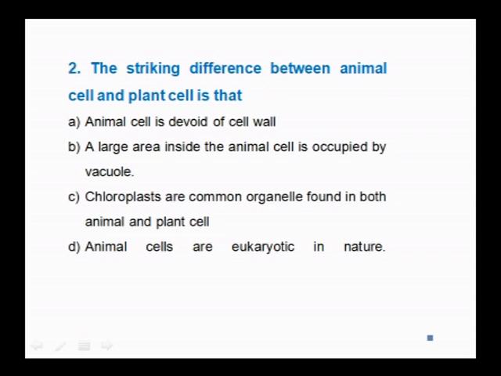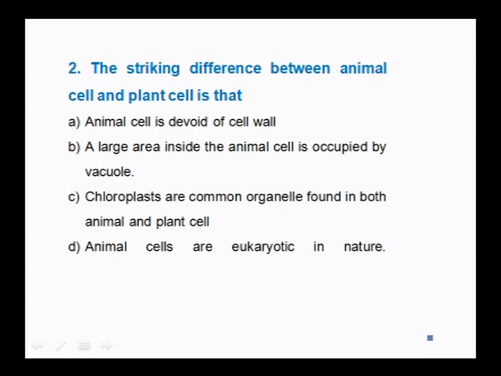So the answer is A, that is, animal cell is devoid of cell wall, or they do not contain cell wall. Remaining statements are actually wrong because animal cells, as mentioned in option B, do not contain vacuole. It is the feature of plant cell. Option C says that chloroplast is present both in animal and plant cell.